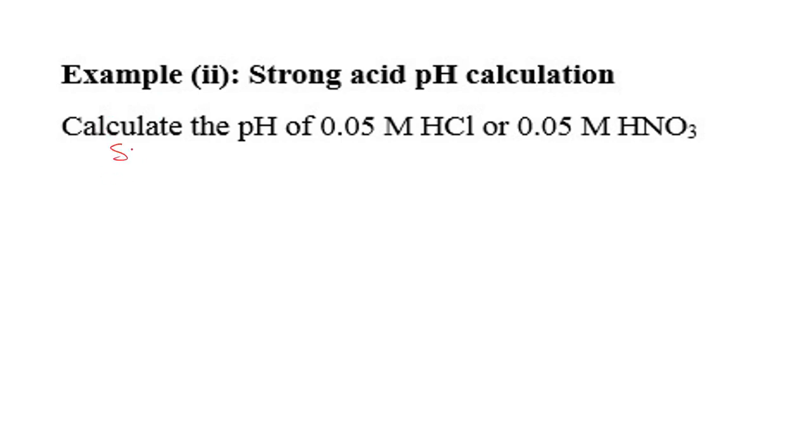Here the calculation for this one is simple. We know that pH is given by negative logarithm of the concentration of the hydronium ion.